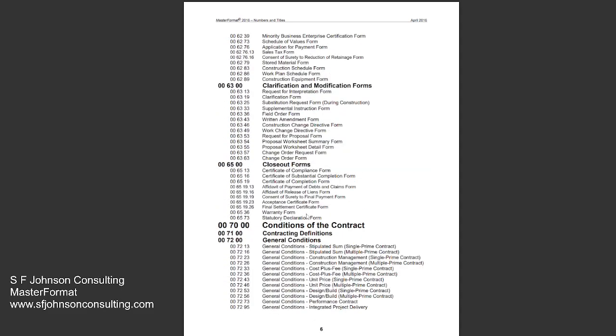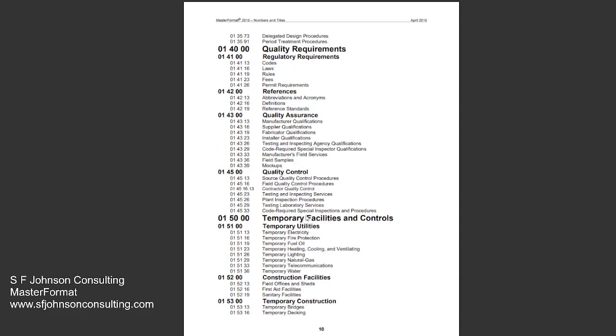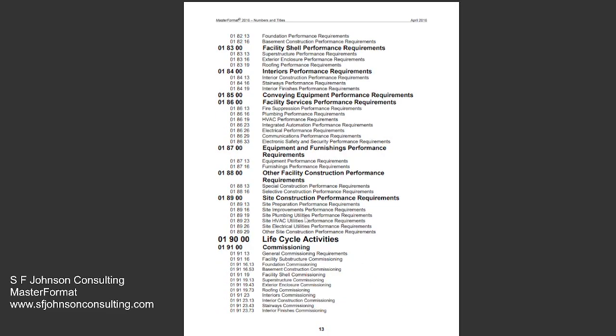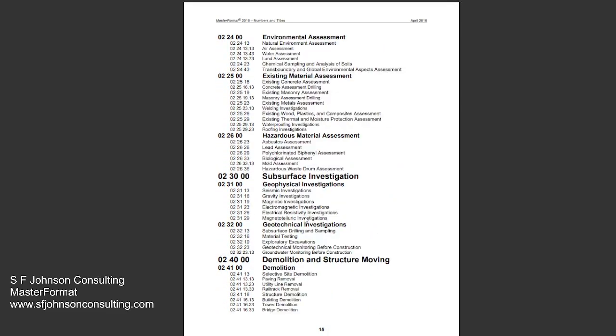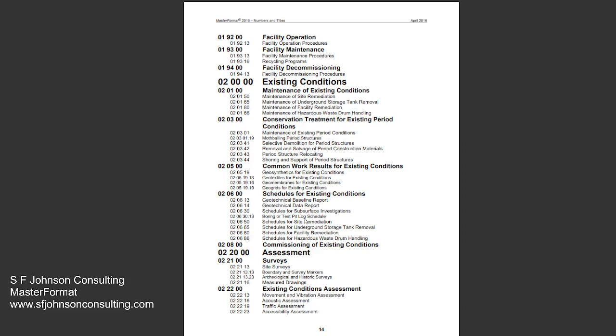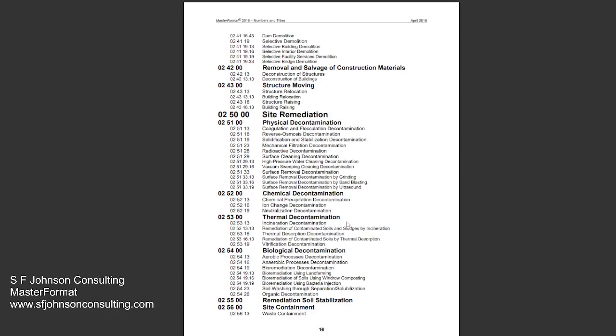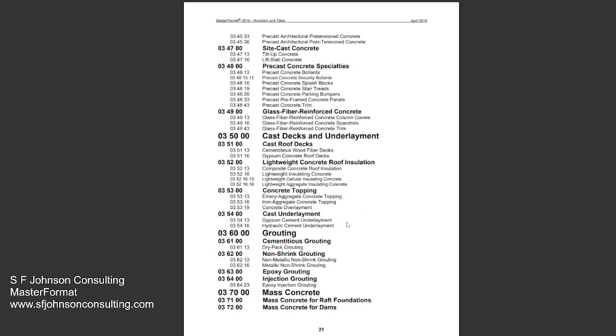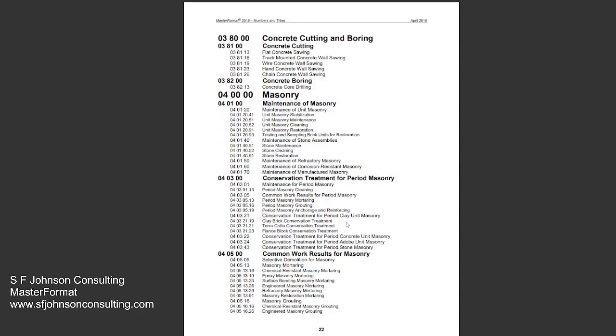And then you just go through. If you are into maybe the demolition, then we're going to go to existing conditions, and that's 02, 00, 00. And again, this master format is the full listing of everything in construction that you could possibly do.